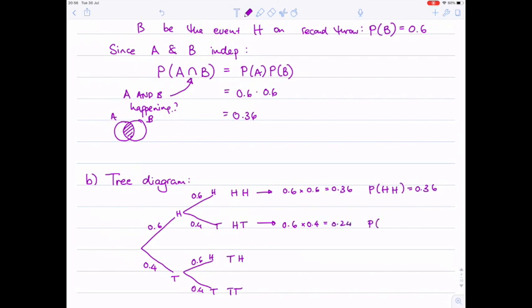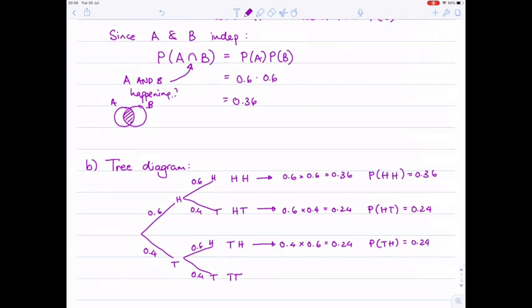So our probability of getting heads, tails is 0.24. We would expect the tails, heads should be the same. Let's just check. Well, that's going to be 0.4 times 0.6, which is also 0.24. And finally, the probability of getting tails on the first throw and tails on the second throw is going to be 0.16.